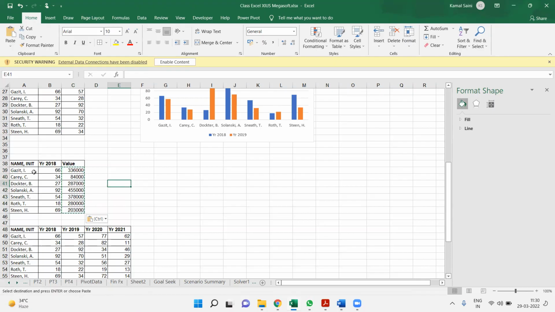Okay, so for this kind of data, let's say I have this. These are the number of targets, and this is the value conversion basically.